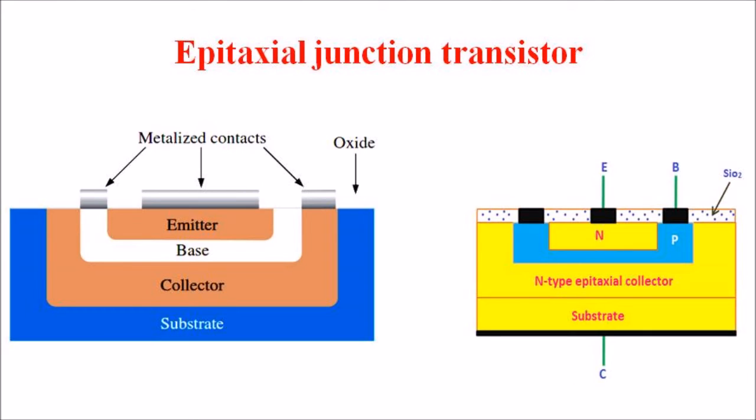The term epitaxial is a Greek word composed of two parts, namely epi, which means on, and taxi, which means ordered arrangement. Thus, epitaxy refers to ordered arrangement on some material. In this technique, a very thin layer of P-type or N-type semiconductor is grown on a heavily doped substrate of the same material.